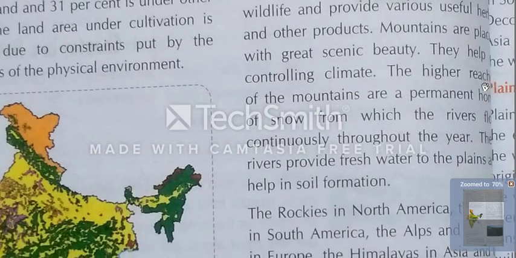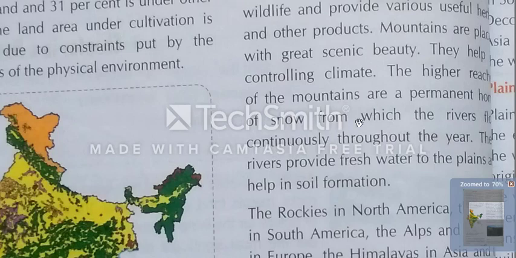The higher reaches of the mountains are a permanent home of snow, from which the rivers flow continuously throughout the year. Here you can see how necessary and helpful the mountains are for us. There is always snow there. Snow is permanent on the mountain, and because of it, rivers flow continuously throughout the year.